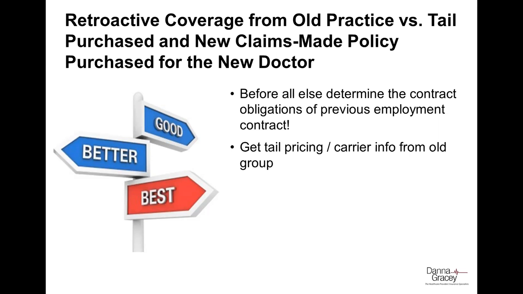Most often, tails are expensive, and the cheaper way to do it is to not have the doctor buy a tail, but to bring the retroactive coverage forward. Now, that's not always the best for the group, though, and so there's issues there that we need to talk about. But let's go down a couple more points here before we get into that discussion.